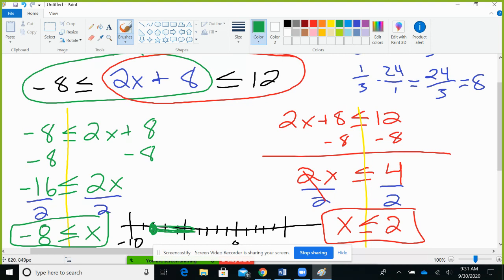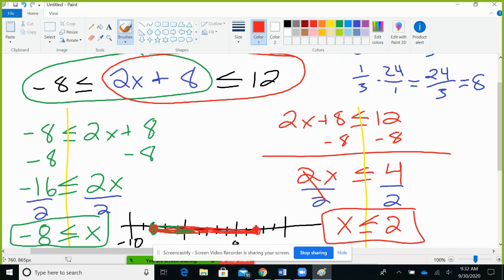And then I have x is less than or equal to 2. And my 2 right here, I fill that in and I go this way. So there's my graph.